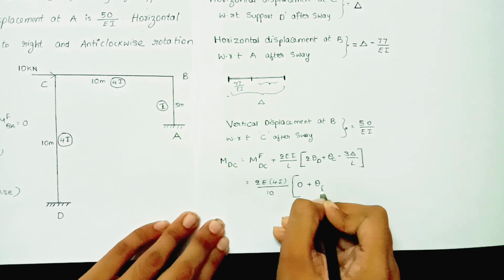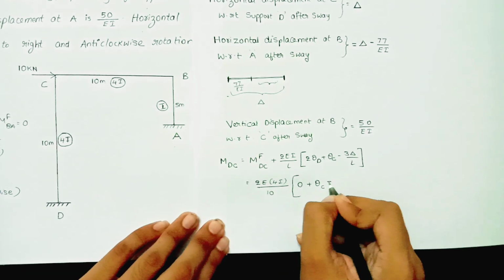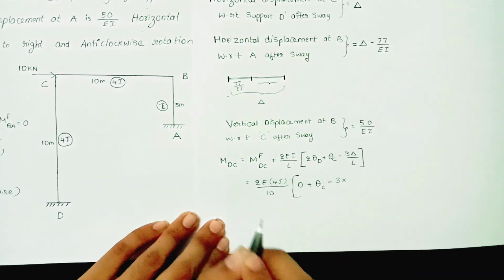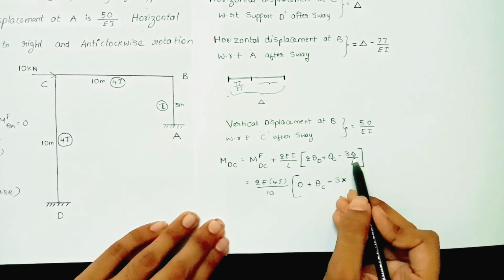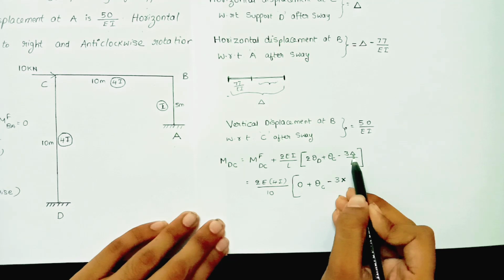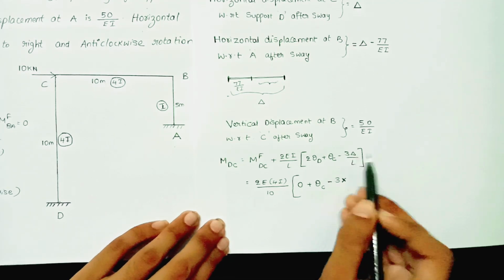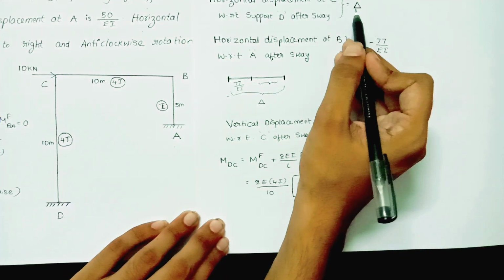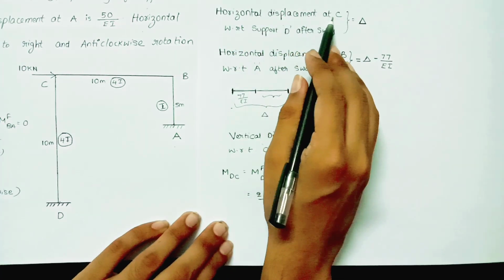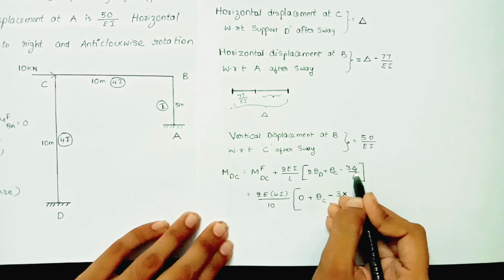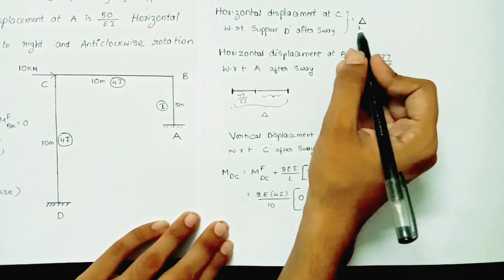So theta C remains theta C only, minus 3 into delta. Here the delta represents the horizontal displacement at C with respect to D. So here you can see the horizontal displacement at C; the delta value is nothing but this value.